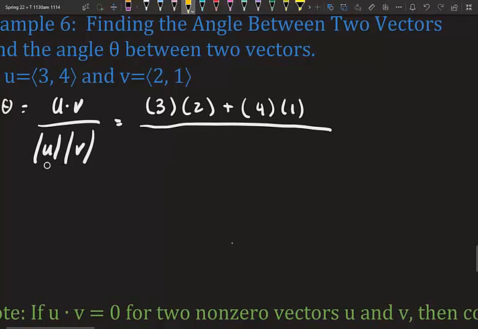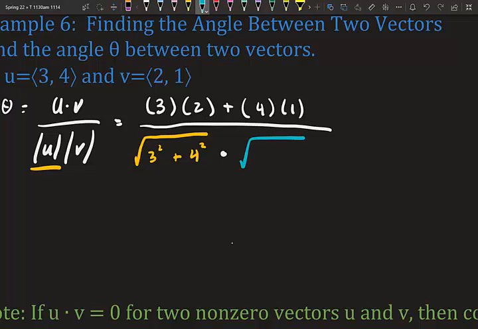For u, it's the square root of a squared plus b squared. So we have a, which is 3, b, which is 4, and then you're going to multiply that by the same thing, but with c and d. So our c and d, it's the square root of c squared, which is 2 squared, and then d squared, which is 1 squared.